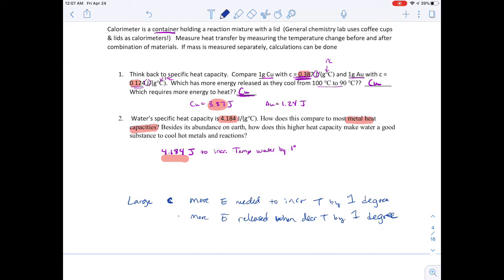If you have two objects at the same temperature but they have different C's, and you try to combine them with water at room temperature or something, the one with the larger C will give more energy and increase the temperature more.